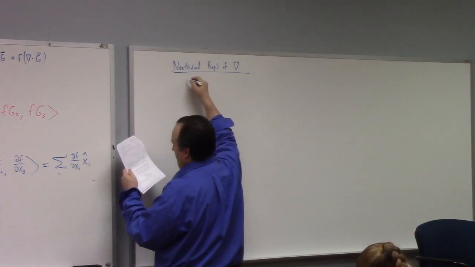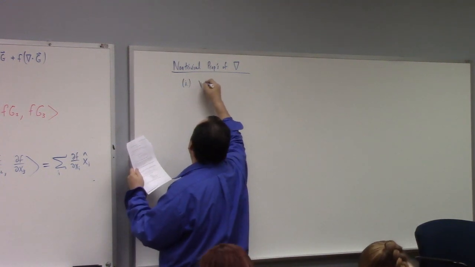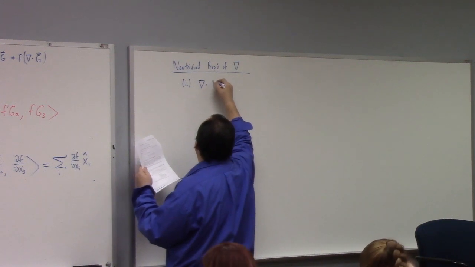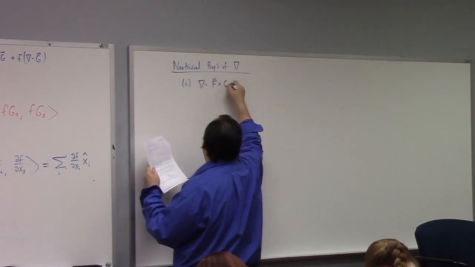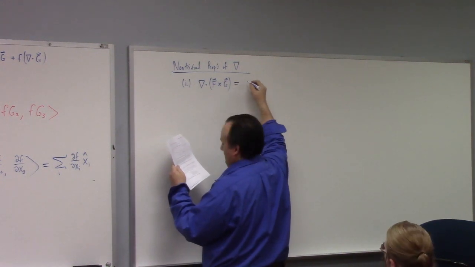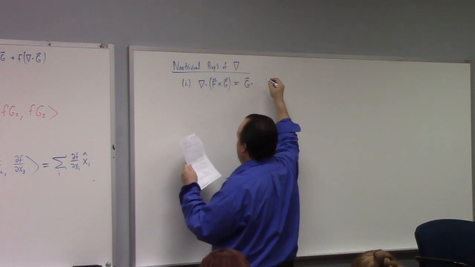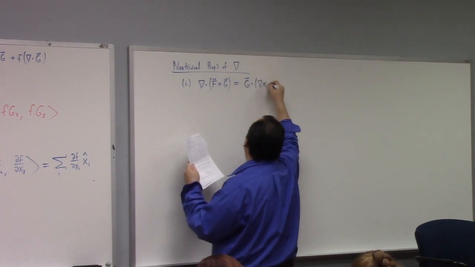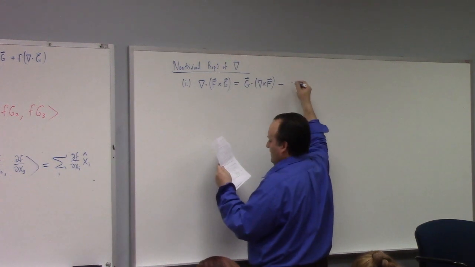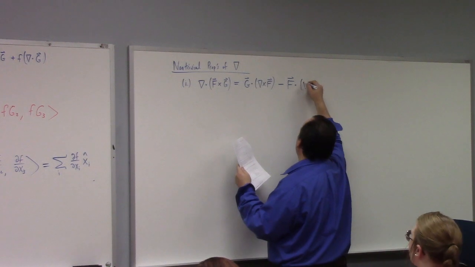If I just try to rattle these off without consulting my notes, I'll be wrong. But here's how it goes. If you have the divergence of a curl, well, the divergence of a cross product, it turns out, is equal to g dot the curl of f minus, that's a surprise, f dot the curl of g.